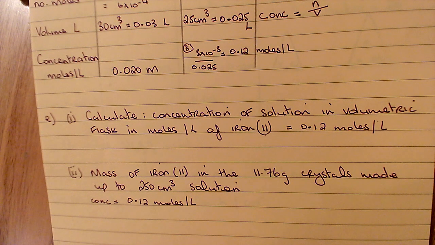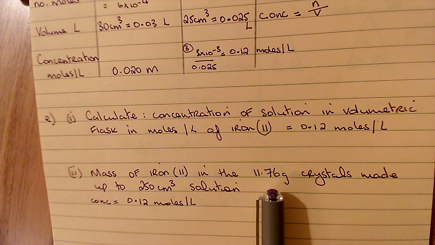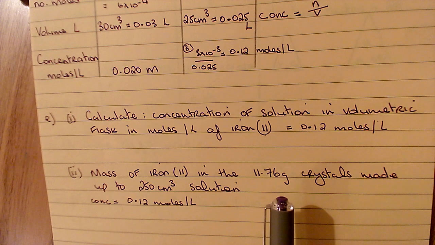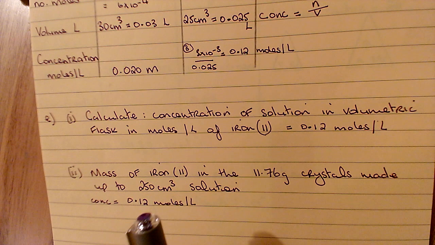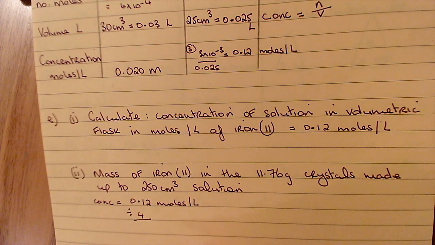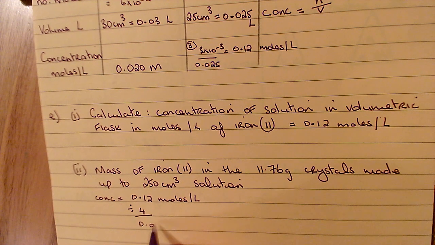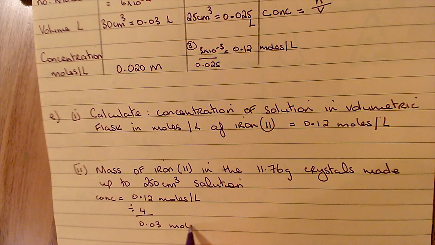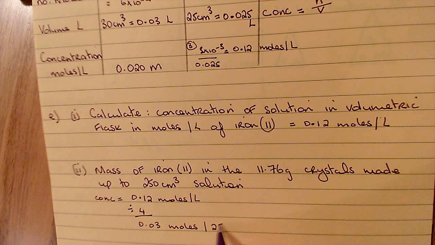Okay, but we didn't actually have a litre of this, we only had 250 centimetre cubed. The 11.76 grams of the crystals were dissolved and made up to 250 centimetre cubed. So what I'm going to do is divide this by 4, and that will give me 0.03 moles per 250 centimetre cubed.